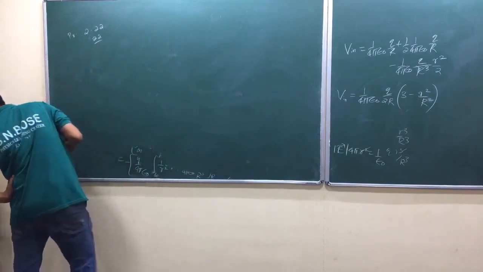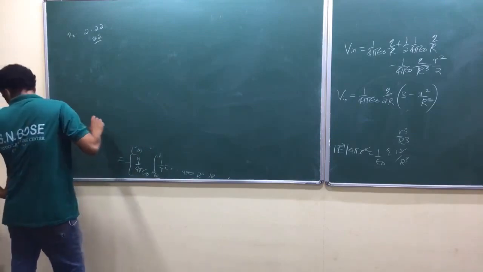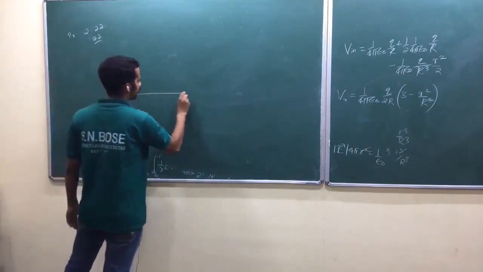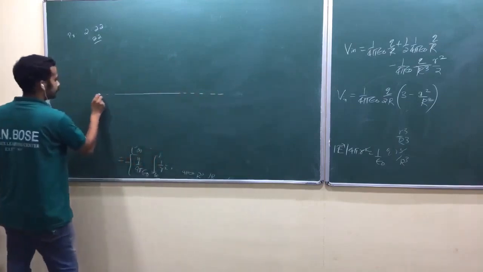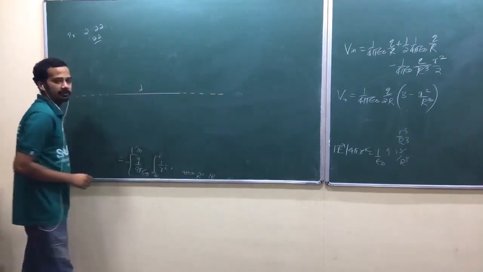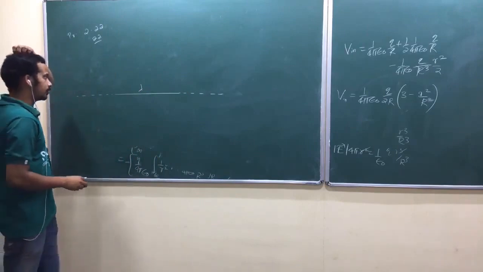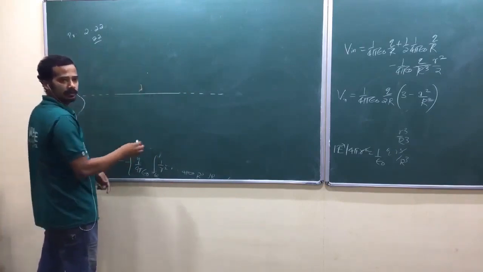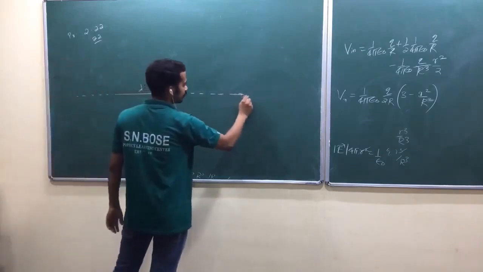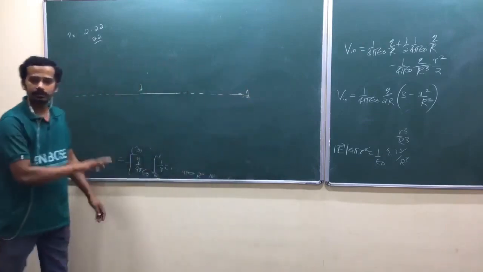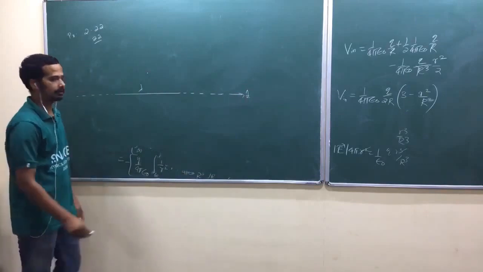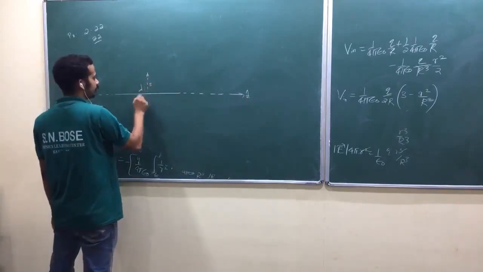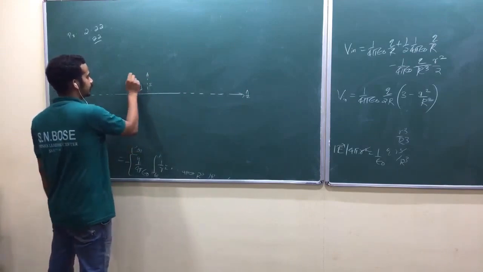So how do I start? Find the potential at a distance S from an infinitely long wire that carries uniform line charge lambda. Let me take it like this: line charge lambda. First find the electric field at a distance S from the wire, axially. Let me choose this one as Z cap. Surely it is a cylindrical symmetry. Now let me choose this as distance S from the axis of the wire. Then what do I have to do?